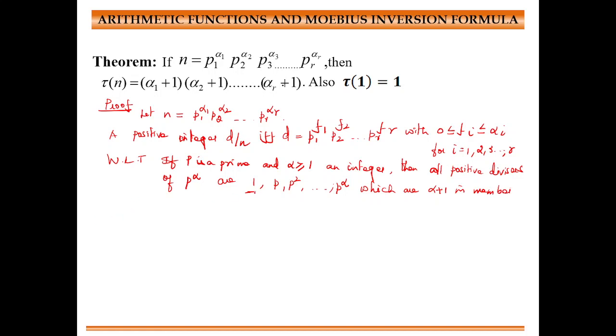Here 1 is also a divisor of P power alpha. Hence tau of P power alpha, the number of positive divisors of P to the power alpha, is alpha plus 1.